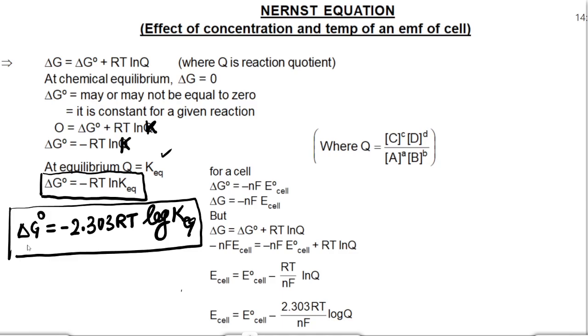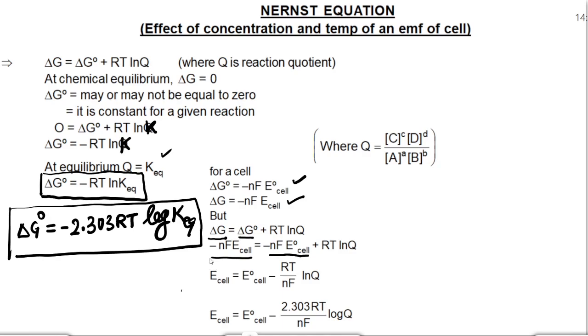And for a cell, delta G naught is minus nF E naught cell, and delta G is equal to minus nF E cell. So just put delta G equal to minus nF E cell and delta G naught equal to minus nF E naught cell.